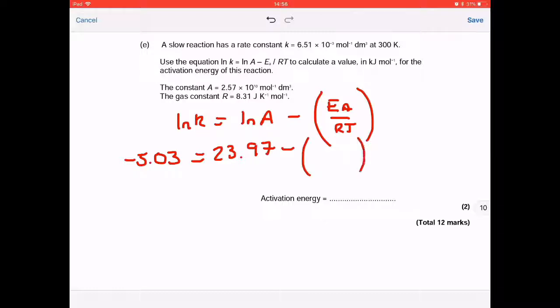In this case, Ea is our unknown, so we're going to leave that as that. R is 8.31, and T in Kelvin is 300.